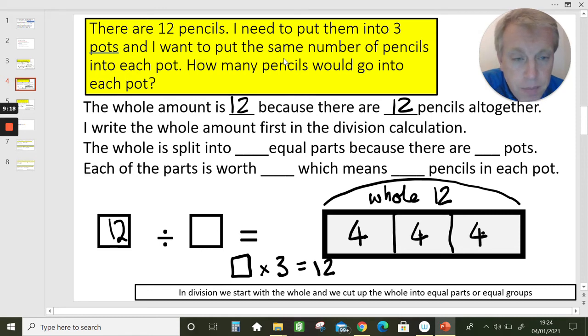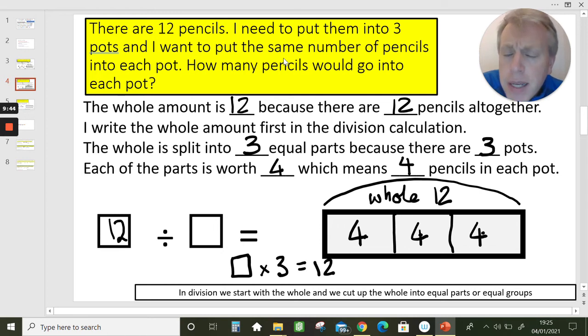Do you see? I better finish this bit off. The whole is split into how many equal parts? 3 equal parts, because there are 3 pots. Each of the parts is worth 4, which means 4 pencils. This 4 means 4 pencils in the first pot, 4 in the second, and 4 in the third.